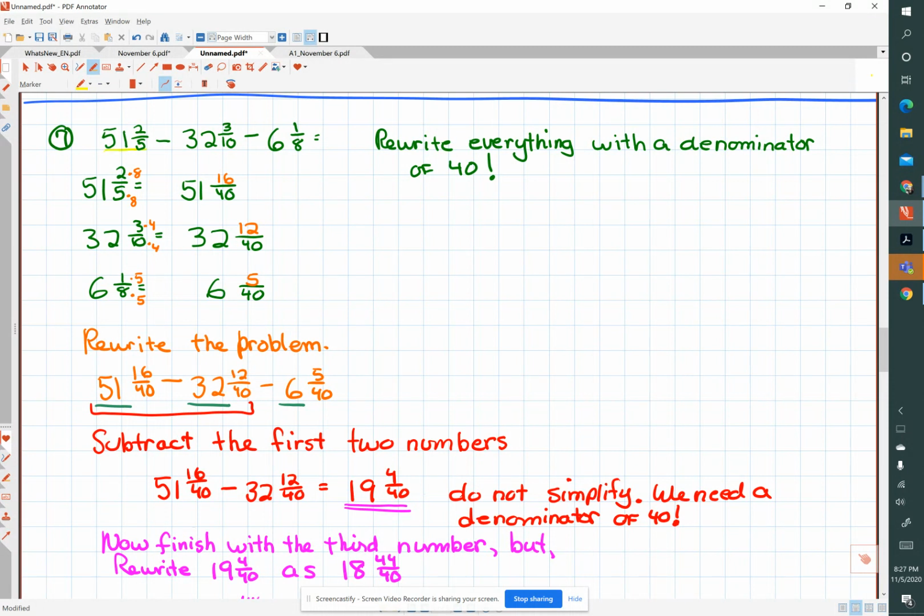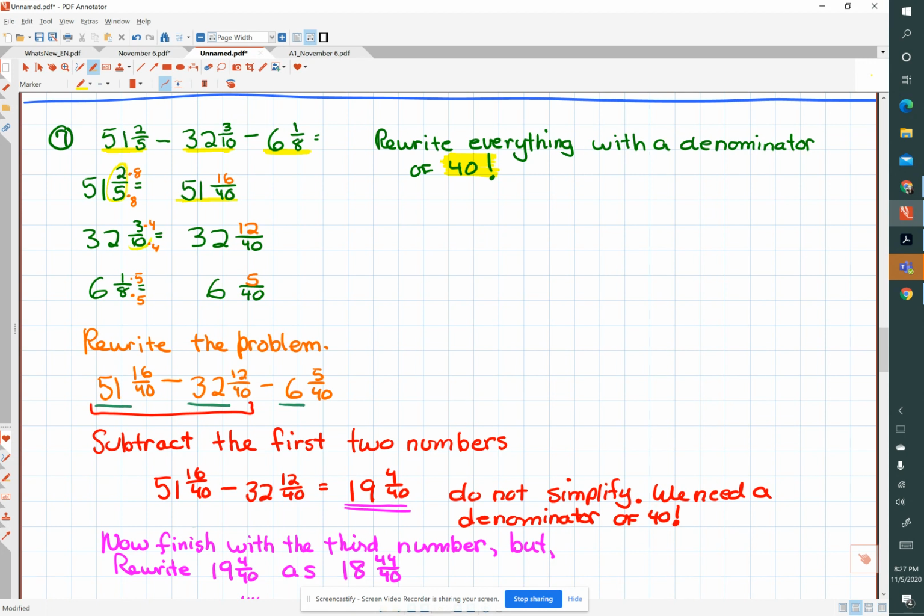So we have 51 and 2/5 minus 32 and 3/10 minus 6 and 1/8. We need to rewrite everything with a denominator of 40. So when we convert 2/5 to 40ths, we multiply the numerator and denominator by 8, and our new fraction is 51 and 16/40.